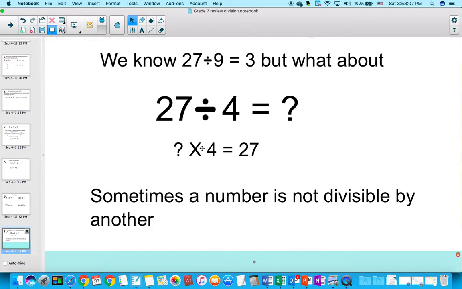So the problem with this is no number fits nicely into this equation that'll make it 27. You'll either go over or you'll fall short. So that's where the remainder comes in. If I did 7, or a different number, I would end up with a remainder left over.